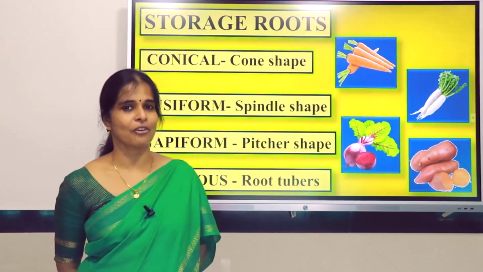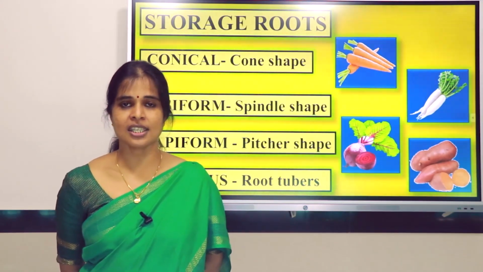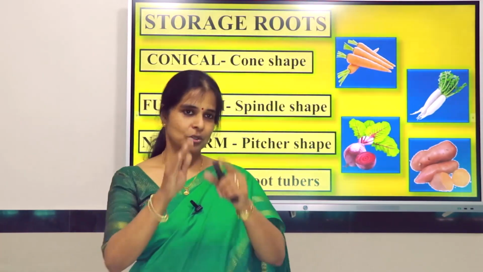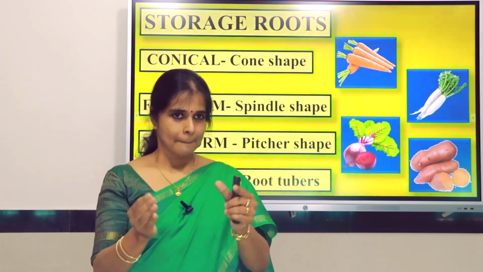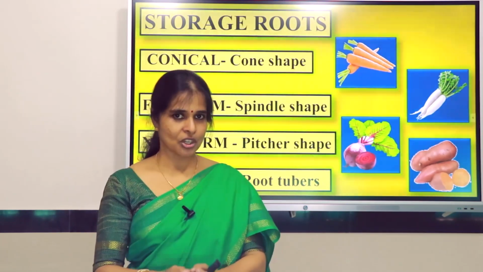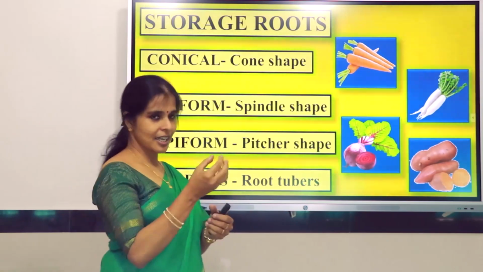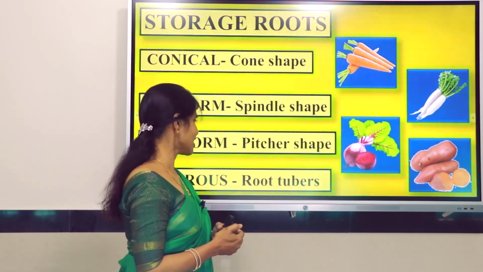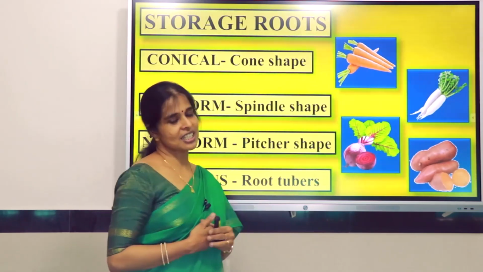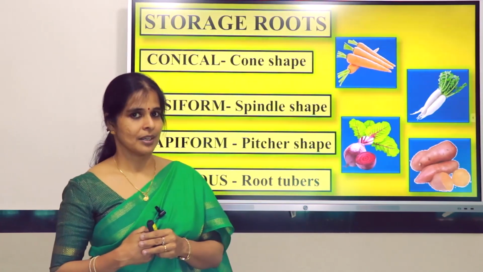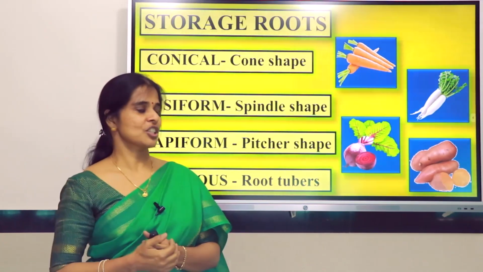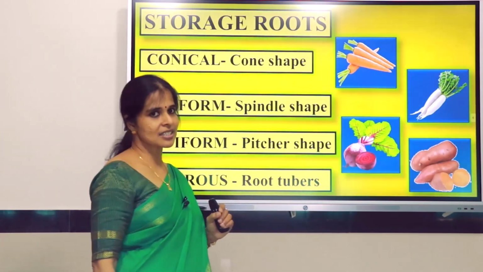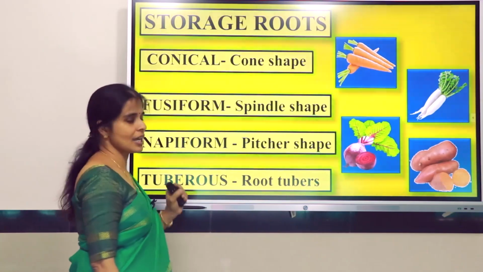The third, again for the storage of food, is a special type of modification where the root takes the shape of a pitcher, a particular shape of a vessel. The pitcher shape has a slightly wider part which tapers and narrows down. This pitcher shape is seen in beetroot, turnip, etc. Turnip exactly shows this shape, as does beetroot. If this pitcher-shaped modification is happening, it is known as napiform.